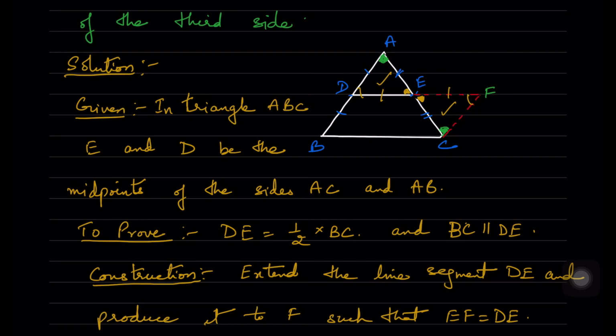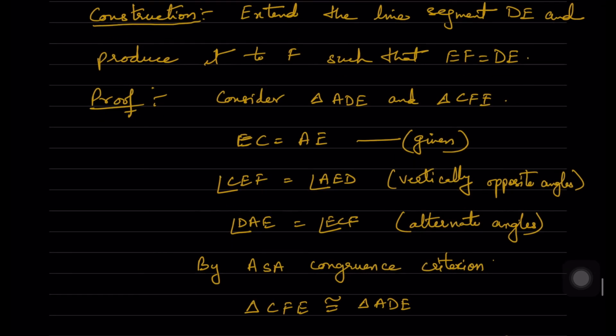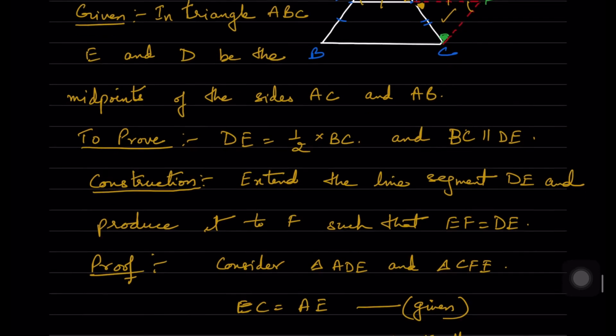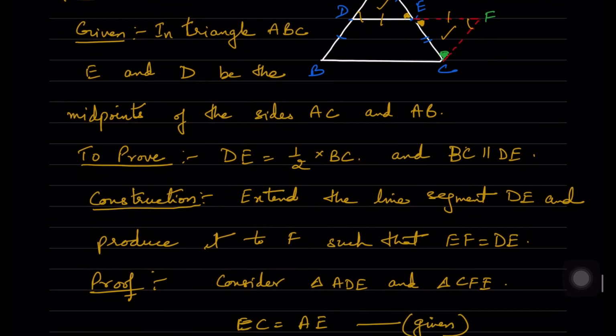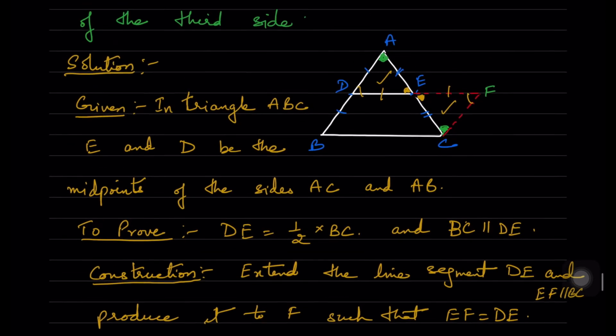Instead of taking the alternate angles, we can take one more condition. We have taken that E is the midpoint because we are producing DE in such a way that DE is equal to EF. Instead of this alternate angles condition, when you are taking alternate angles, you have to extend the line DE to EF such that EF is parallel to BC. If EF is parallel to BC, then we are drawing a transversal.